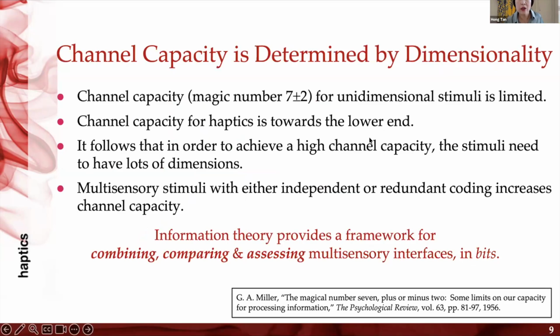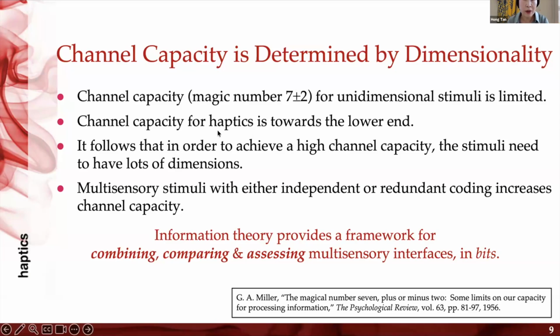So we actually know a little bit more about this. George Miller wrote a wonderful book called The Magic Number Seven, Plus or Minus Two. And he looked at a lot of absolute identification experiments and came to the conclusion that channel capacity is usually within this range, 7 plus or minus 2, for unidimensional stimuli. By unidimensional, I mean you're varying only one physical variable, okay?